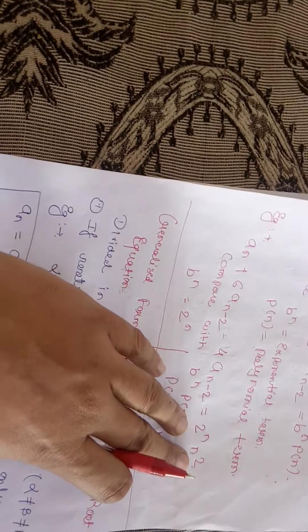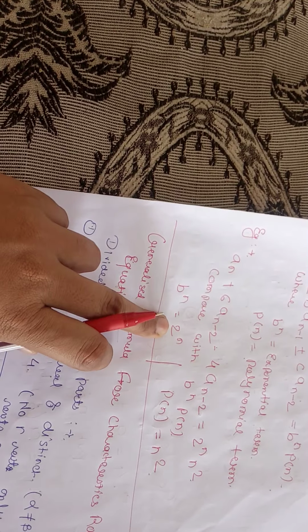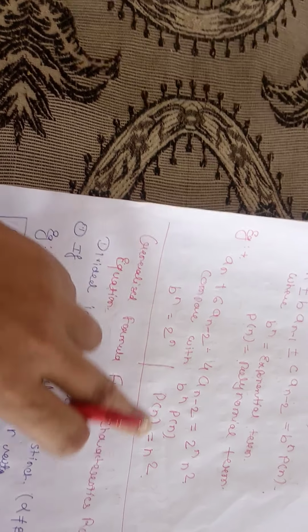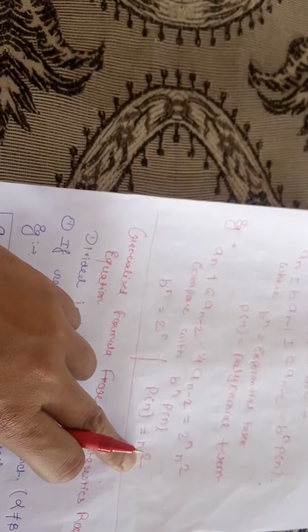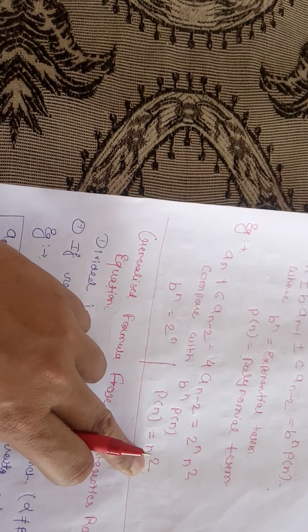Fine. Now we compare this right hand side with b to the power n and p of n. So b to the power n is equal to 2 to the power n and p of n is equal to n square. So 2 to the power n is the exponential term, and n square is the polynomial term.